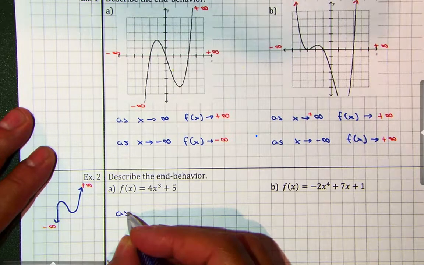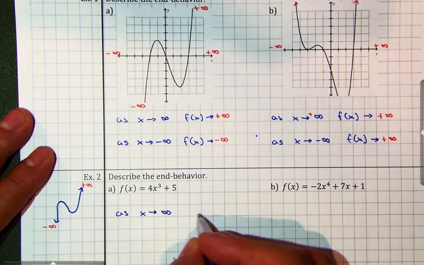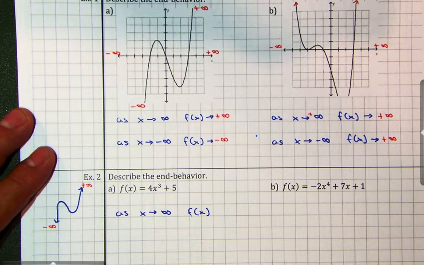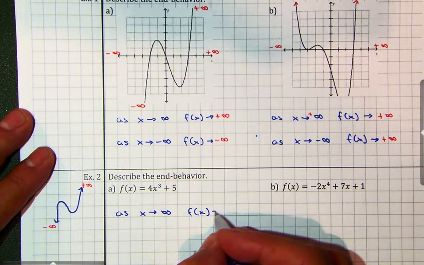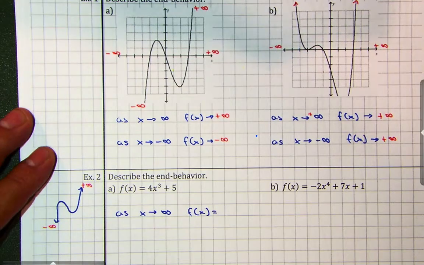As x approaches positive infinity, what happens to the function? So we also want to understand why the graph goes towards positive infinity.